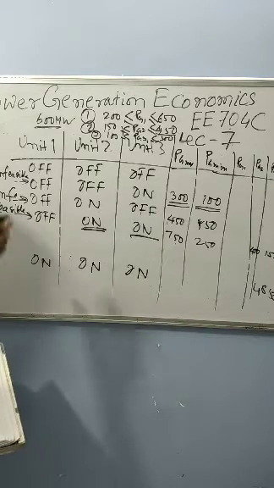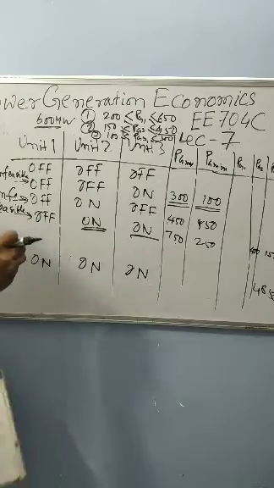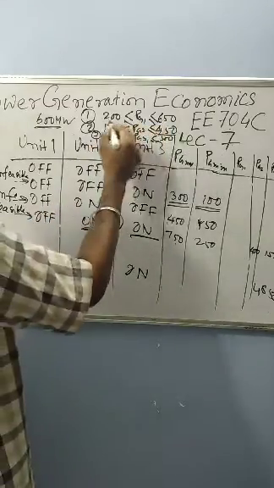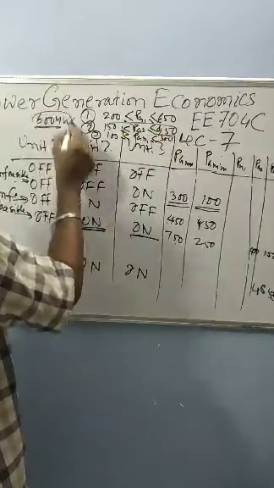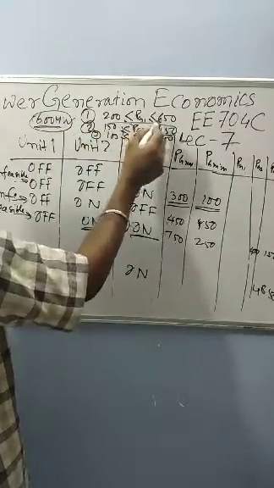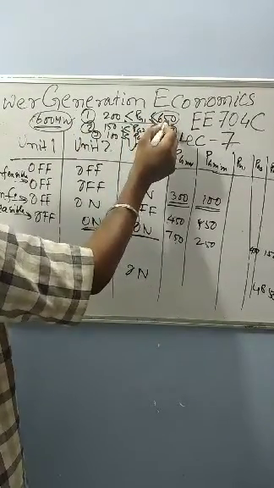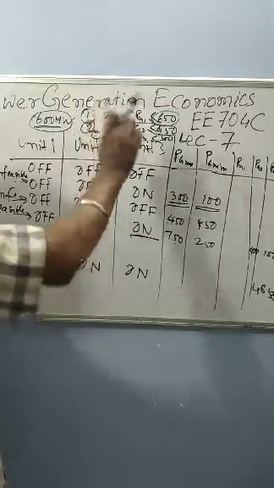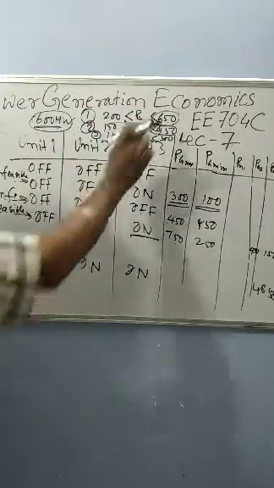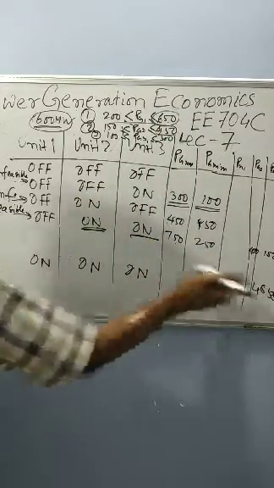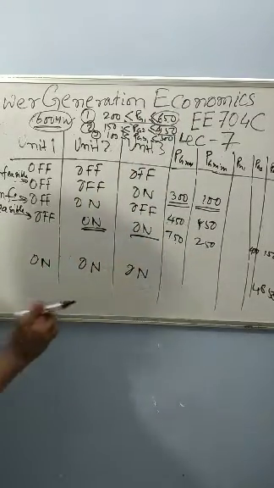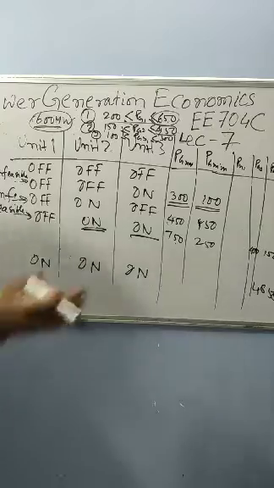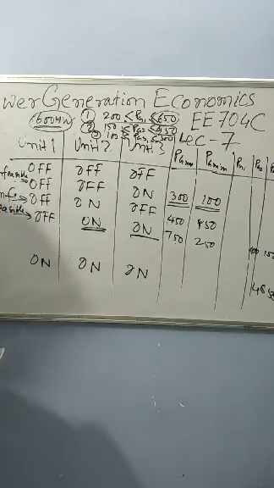If I run only the first unit, since my load is 600 and it satisfies, this is feasible. But this cost is more than that cost. If I operate all 3 units the cost is lower, but this is not feasible in unit commitment.